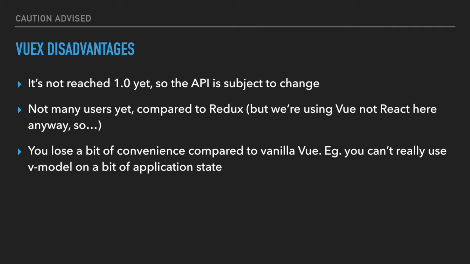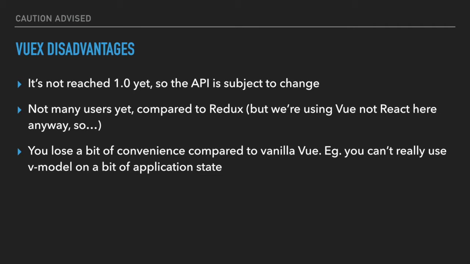For example, vModel, which is sugar for a couple of things, and it simulates a two-way binding between, for example, an input and state on that particular element. So you can't bind a vModel onto application state, because that would mean you were mutating the application state in your component, which is not allowed if you're using Vuex.